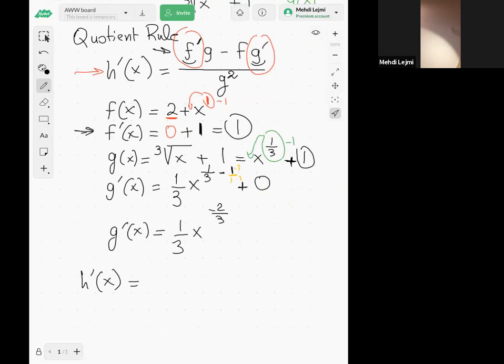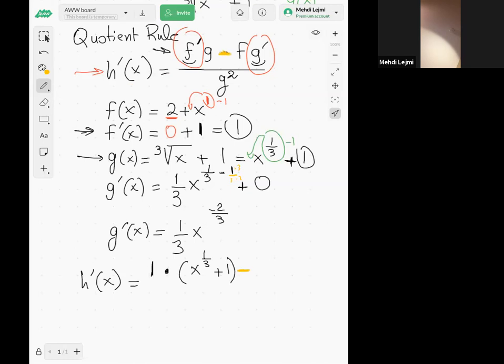That's my f prime times g. My g is third root of x plus 1, so x to the power 1/3 plus 1, right? And then there's a minus here.